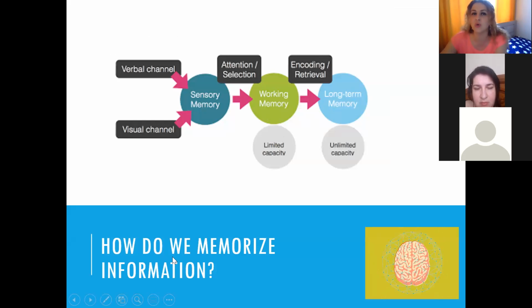How do we memorize information? This is the most important question for me, because we already have the experience, as teachers, that during trainings, webinars, or conferences, we get a lot of information, but only a very small amount of it remains in our brain.